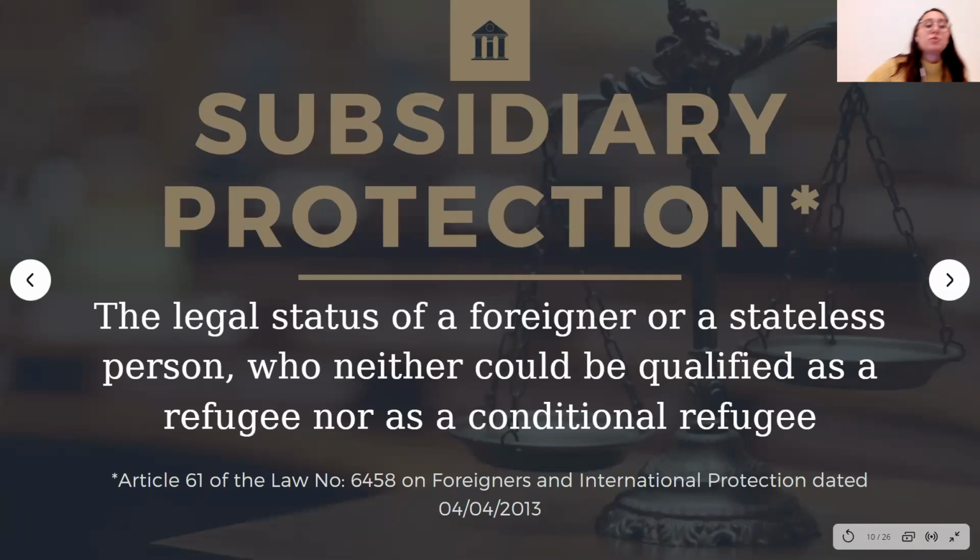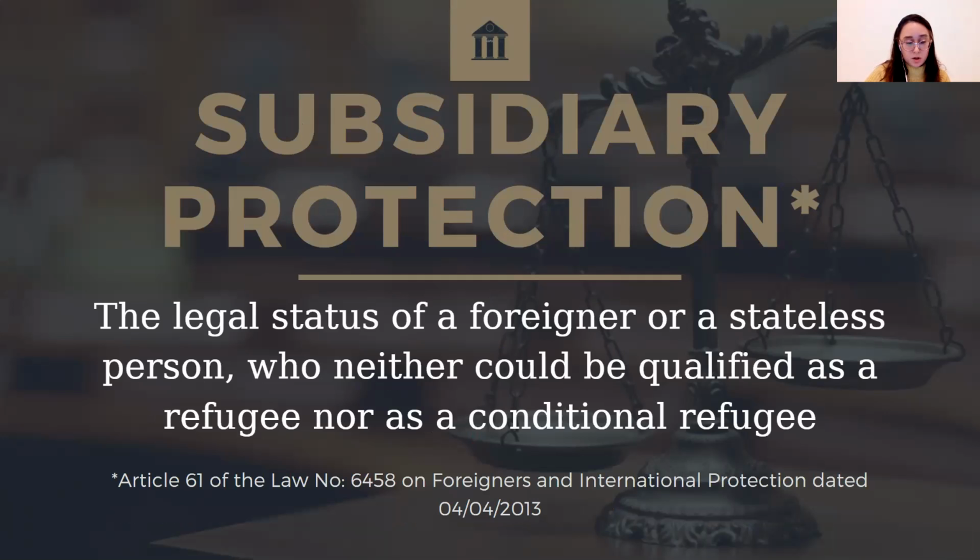And another status for international protection is subsidiary protection. The basis of this status is that if a person cannot apply for refugee status or conditional refugee status, they should apply for subsidiary protection, which means ikinci koruma. This statute has been protected by Article 61 in the law on foreign and international protection.